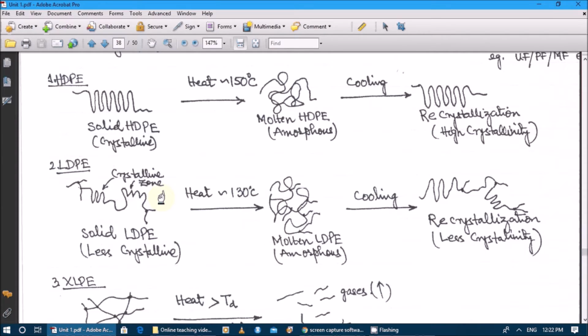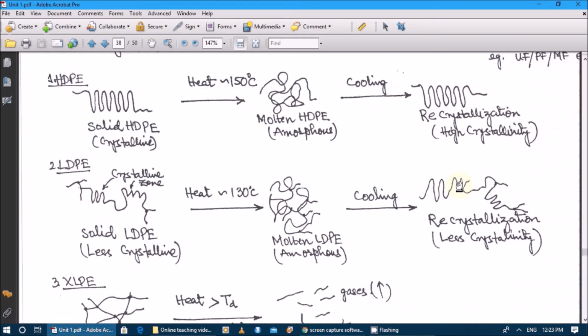It is composed of both crystalline structure as well as amorphous structure, but upon melting it will be converted into 100% amorphous structure. So when we cool the molten LDPE, again it will try to crystallize some portion, will crystallize some portion, but may not be able to crystallize some because of the presence of short branches.